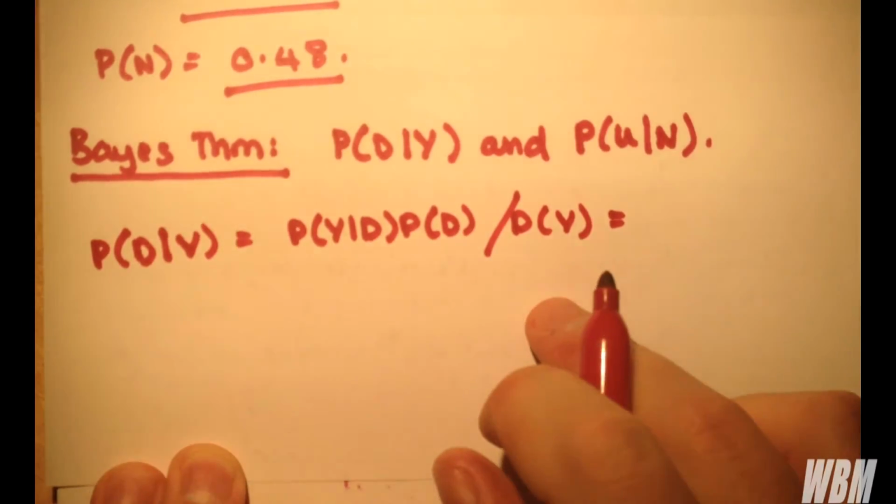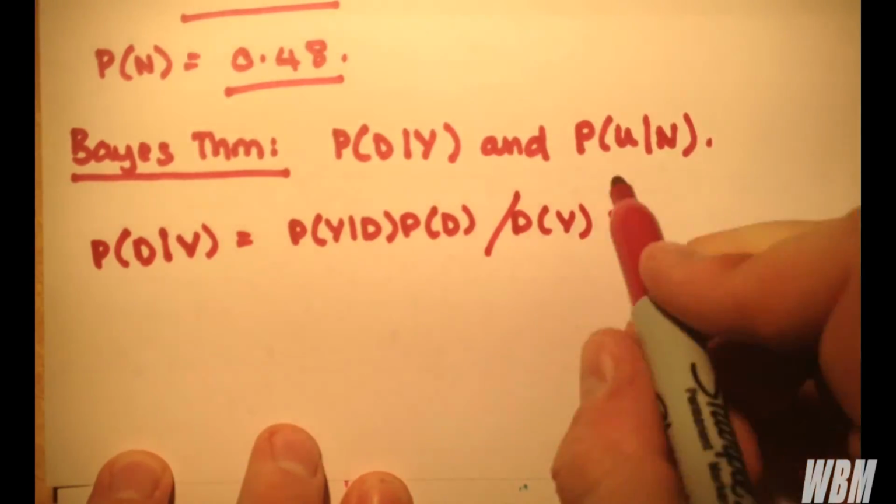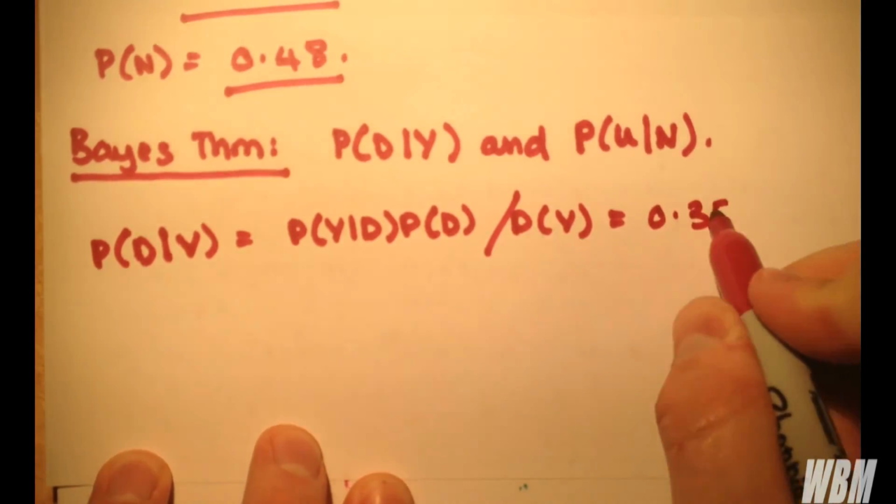If we plug in all the numbers, we should get 0.35.